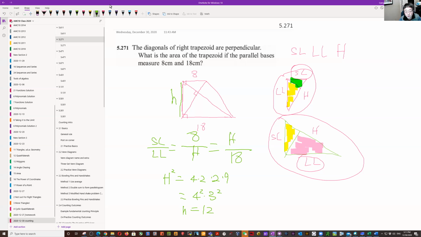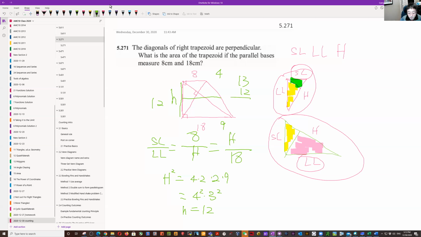After you get h equals 12, it's very easy to calculate the area. The area is the length of the midsegment, or median, for the trapezoid. So it's the average of top and bottom. When you average them, 4 plus 9 equals 13, so 13 is their median.